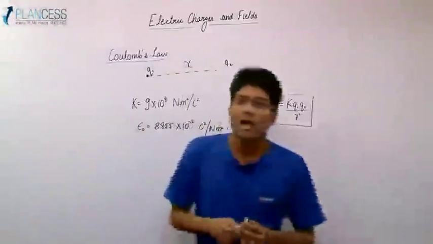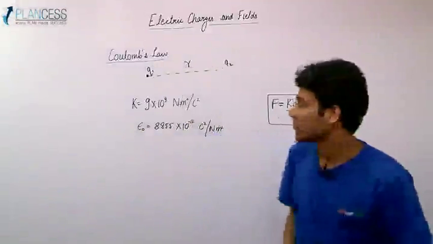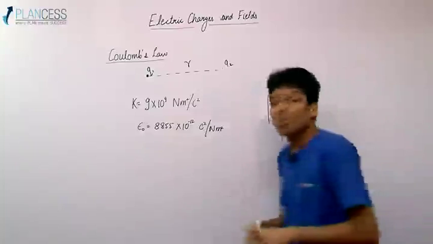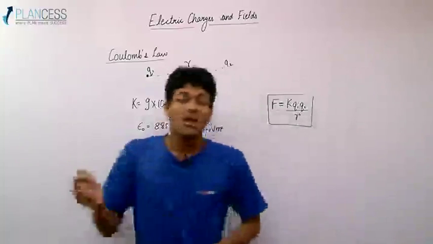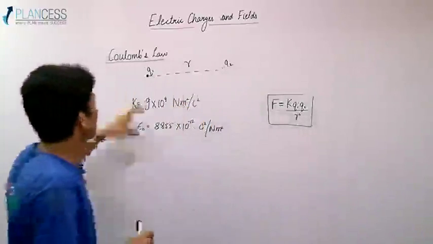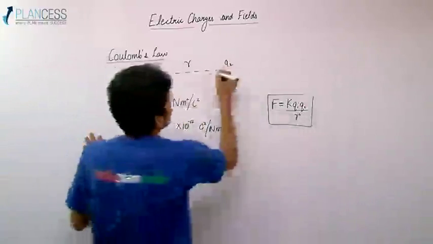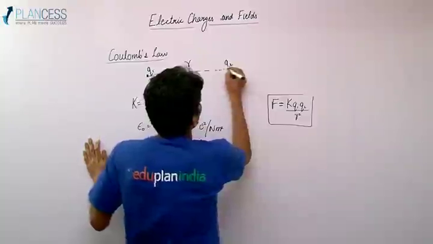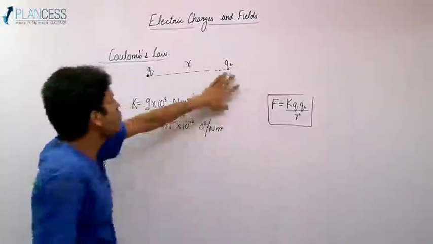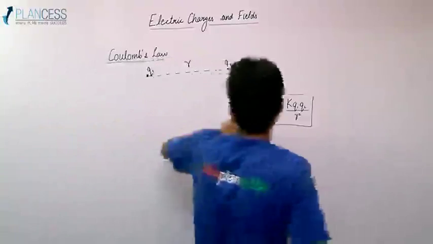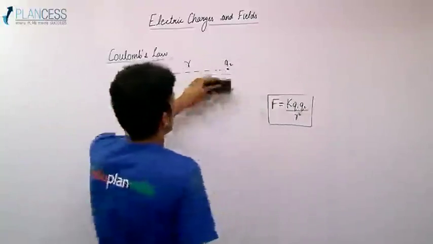Now, as we all know, force is a vector quantity. We have studied the magnitude of the force. So what is the direction of this force? The direction of the electrostatic force put by one charge on another, let's say this is another charge, is such that the force on Q2 by Q1 is along the line joining Q1 and Q2.